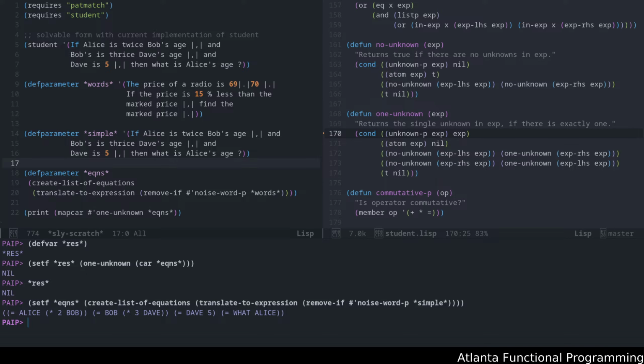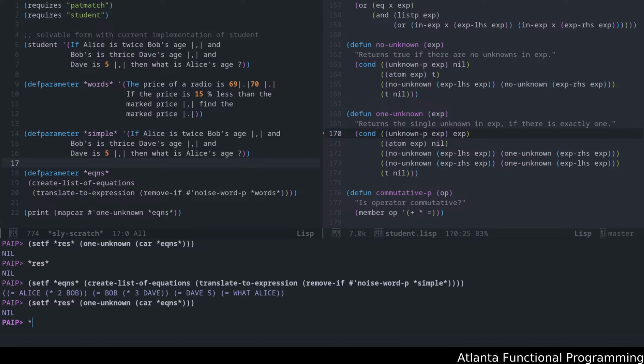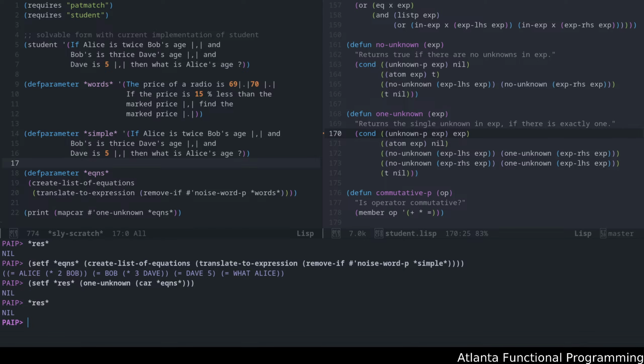Okay, so now let's try and see what happens here. Nothing.